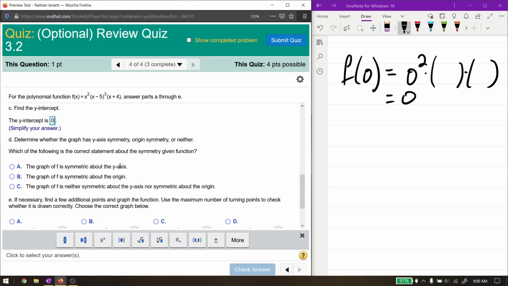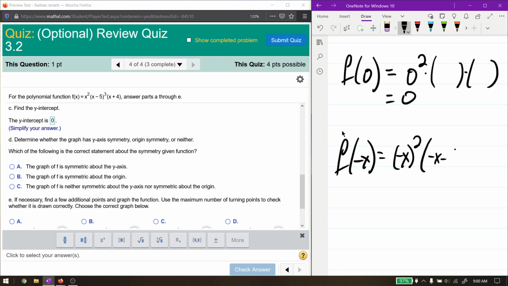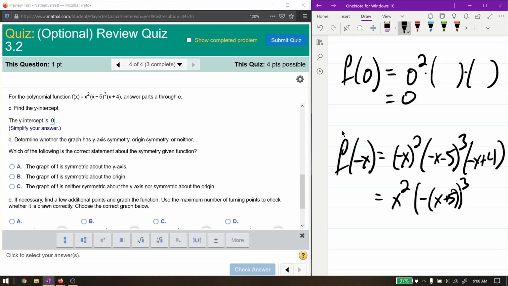Okay, finally we can look at symmetry. Same process as last time, plug in negative x. We get (negative x) squared, (negative x minus 5) cubed, and then (negative x plus 4). Negative x squared, that negative will cancel. I can take out a minus from the negative x minus 5, and take out a minus from the negative x plus 4.